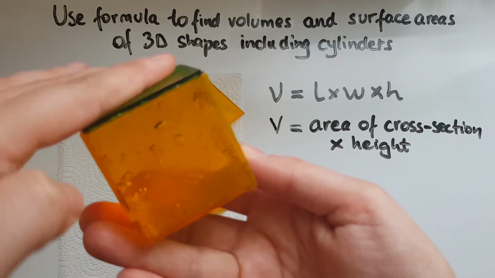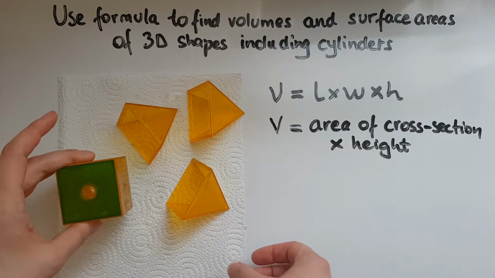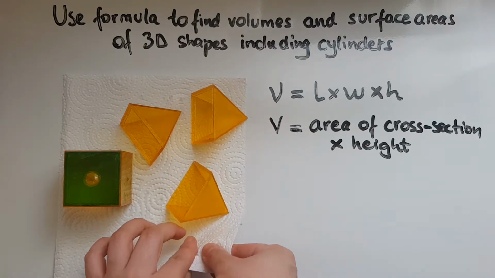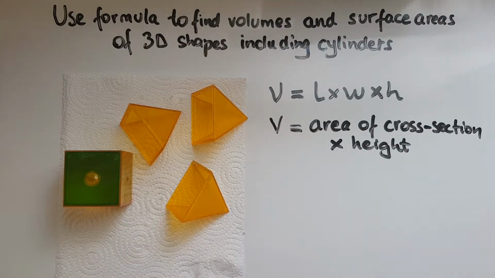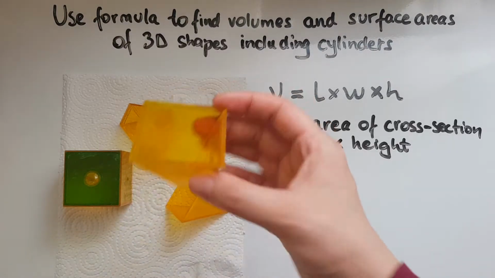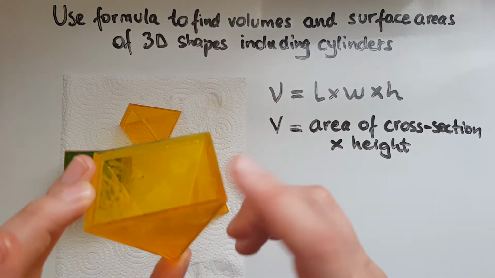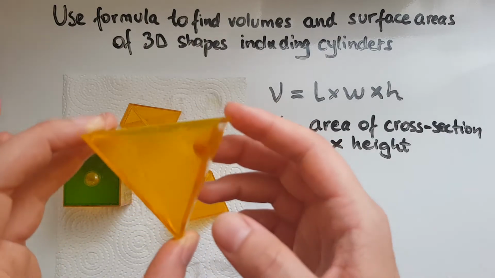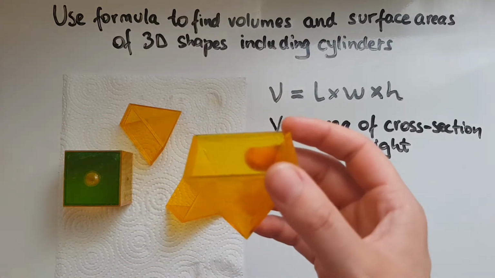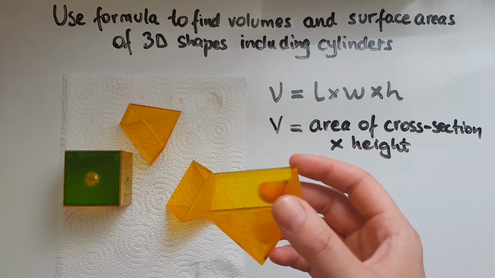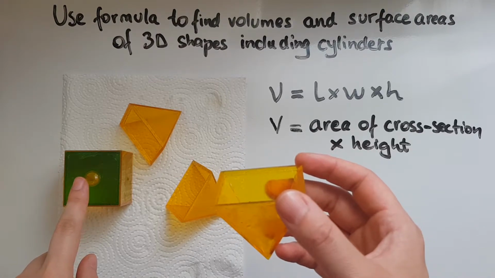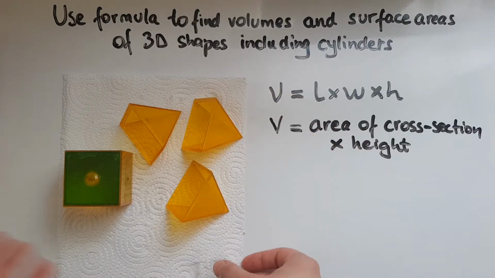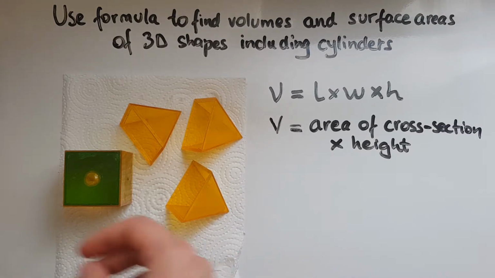So exactly 3 lots of the pyramid made the cube. In other words, the volume of one pyramid is 1/3 of the volume of the cube with the same base and the same height.